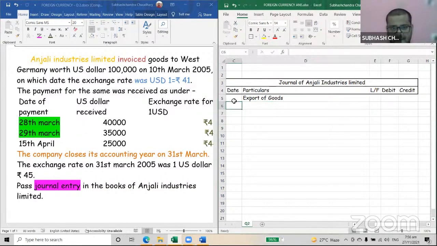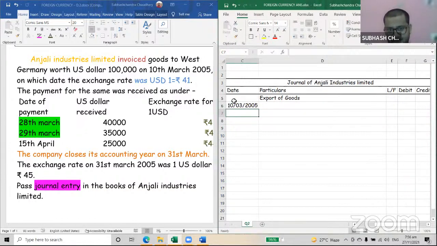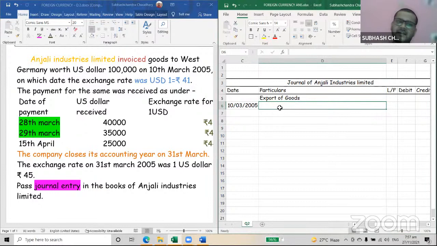And the date will be 10/03/2005. So what will be the entry of sale? Debtor account debit to sale.